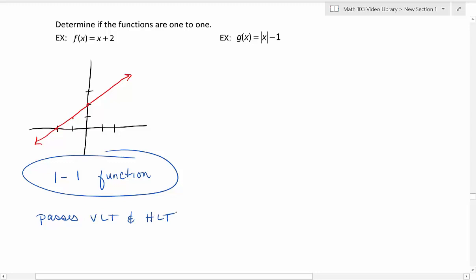Next, we want to look at the function g of x equals the absolute value of x minus 1. Again, we'll picture the graph. This is our absolute value function that's been shifted down 1 unit.